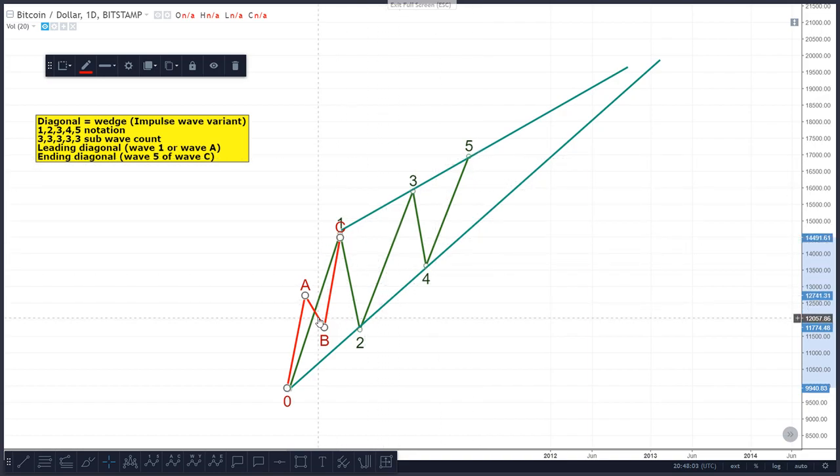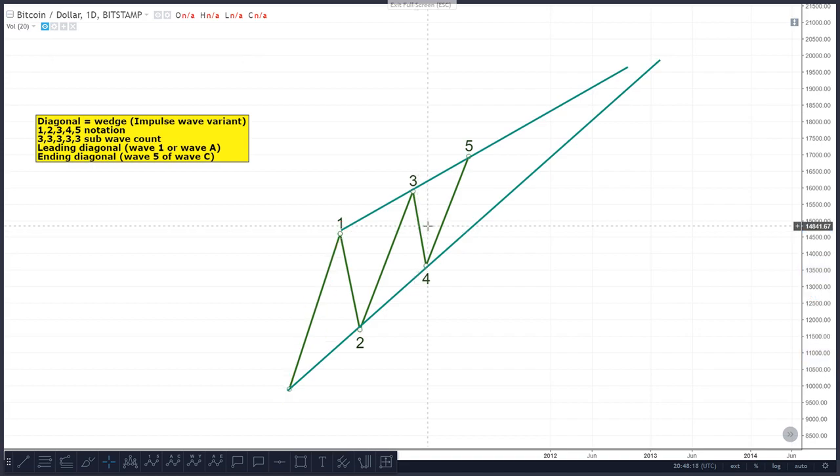This makes it look like a triangle, because obviously with triangles it's the same subwave count. It's a 3, 3, 3, 3, 3. However, in a triangle, I'll explain shortly why it's very different to a diagonal or a wedge. So let's just remove that one. Also very important to notice, wave 4 overlaps with wave 1.